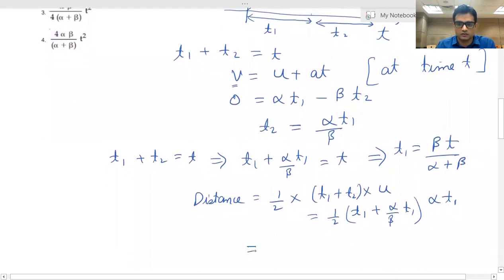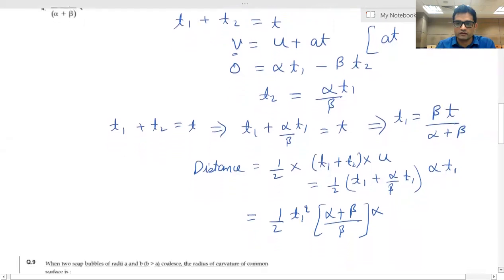So now I'll substitute the value of T1. So 1 by 2 T1 square into (alpha plus beta) upon (beta into alpha). Now we can substitute the value of T1 here.